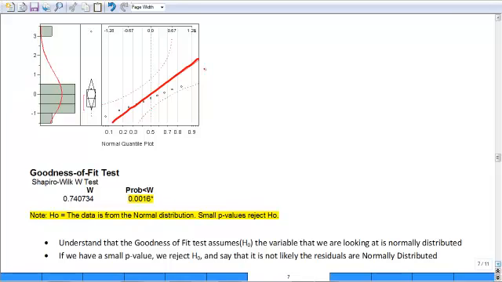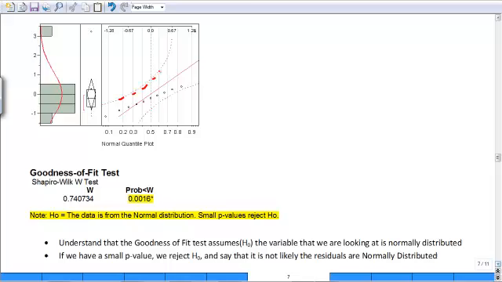And what we're really looking to see is where these points lie according to where they should lie on a normal curve. If the distribution is normal, all of our points should be more or less along this diagonal line. Of course, there's going to be some variability, but they should be fairly close to that diagonal line.